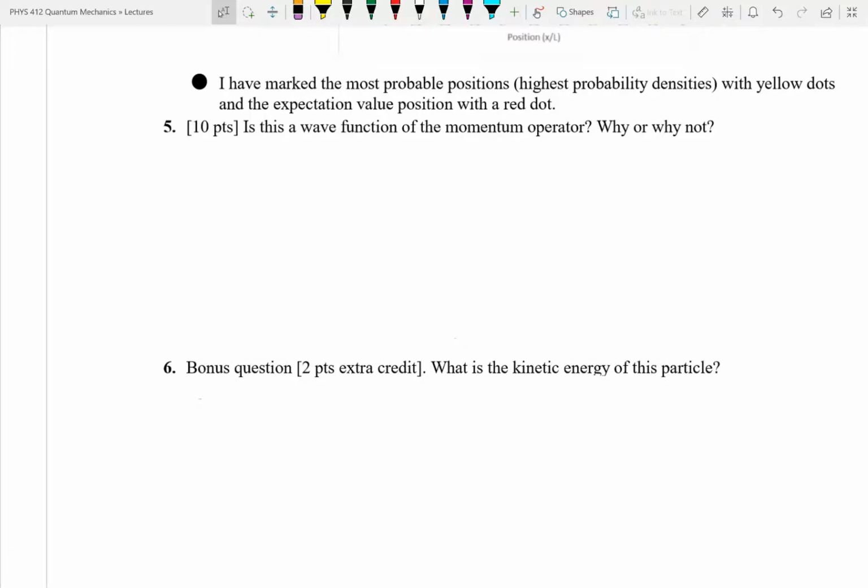All right, what is the wave function of the momentum operator? Or is this a wave function of the momentum operator? We can answer now differently.